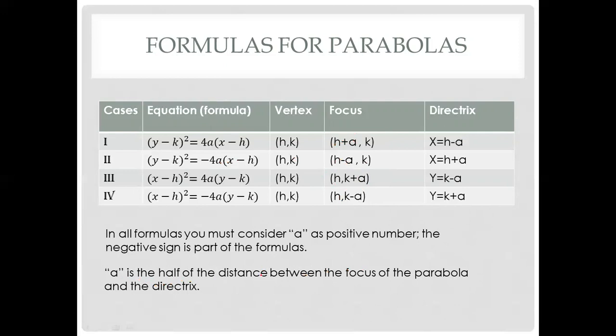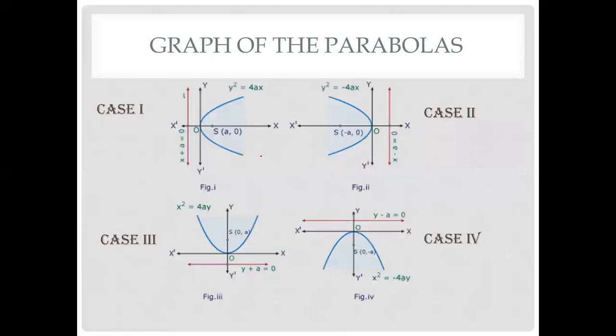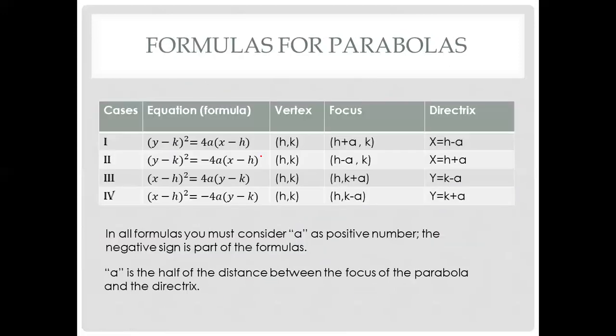It's very important you keep this in mind, because later on we will see a case where you have to build the equation of a parabola knowing the graph. Right now, we're going to make the graph knowing the equation, but then we can do the procedure in different order, or vice versa.